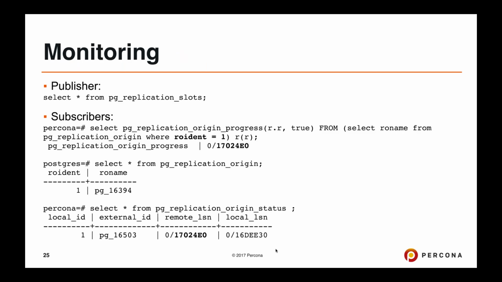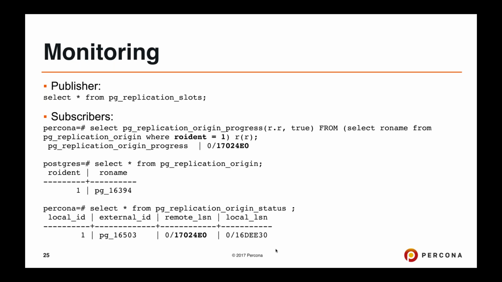For monitoring the logical replication, you can just query pg_replication_slots on the publisher. And in the subscribers, you have more tools for doing this. For example, this is probably not very self-explanatory, but what I'm doing in the first query for the subscriber is to get which origin I want to monitor.